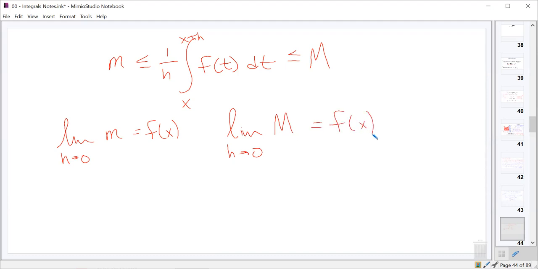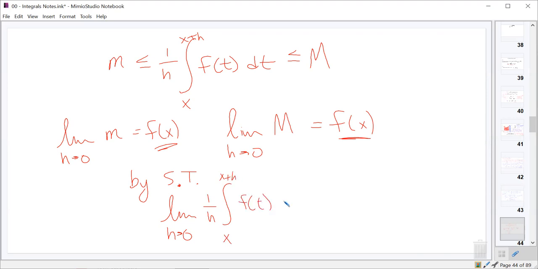And so what that tells us is that by the squeeze theorem, it's been a while since we've used it, we've got one continuous function whose limit is f of x, and another continuous function whose limit is f of x. And we've got another function in the middle that's squeezed between them, which tells us that the limit as h approaches 0 of 1 over h times the integral from x to x plus h of f of t dt is equal to f of x as well.